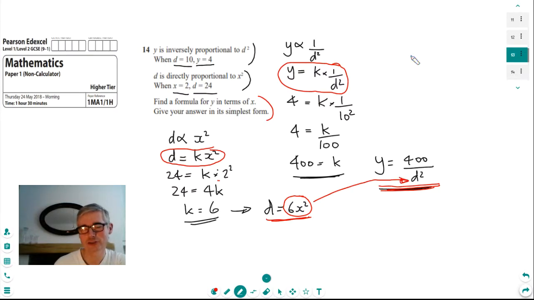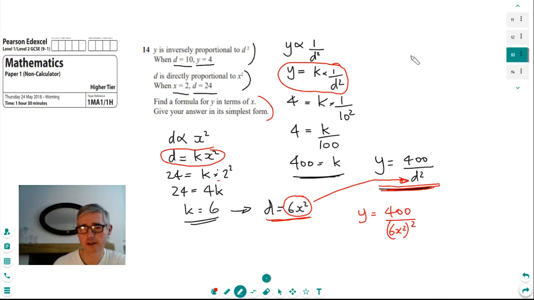And what that will give us is that y is equal to 400 over, and we've got to be careful with brackets and squares here, it's going to be 6x squared, and then because that d is actually squared, that's all squared.